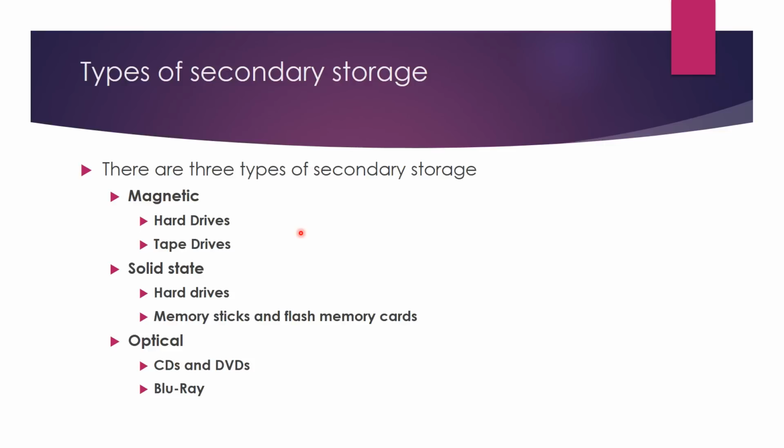The first one is magnetic, which consists of two parts: hard drives and tape drives. Solid state has two parts: solid state drives, memory sticks and flash memory cards. Optical has CDs, DVDs and Blu-rays.